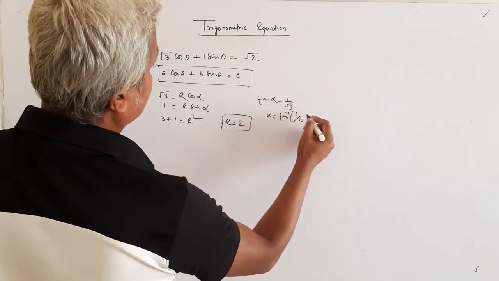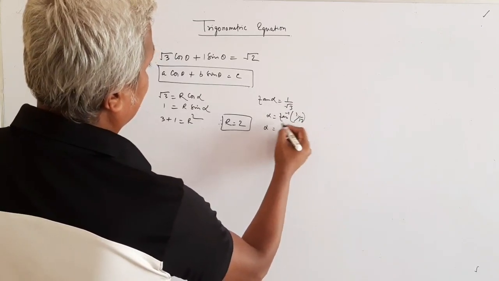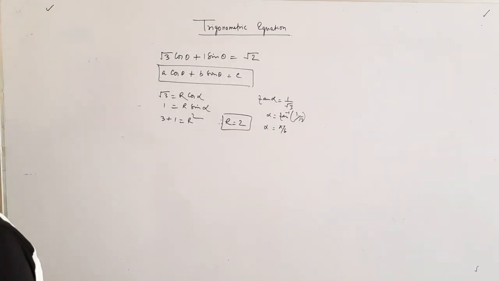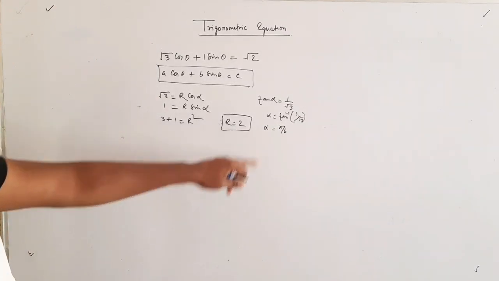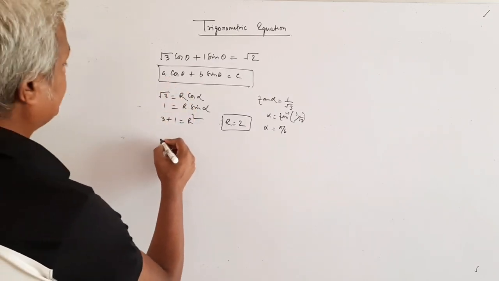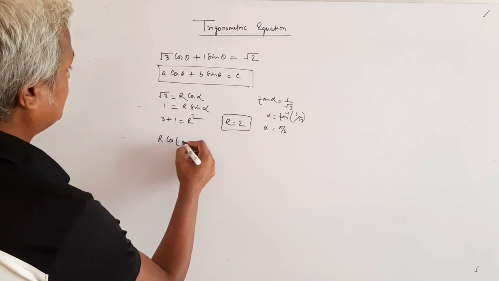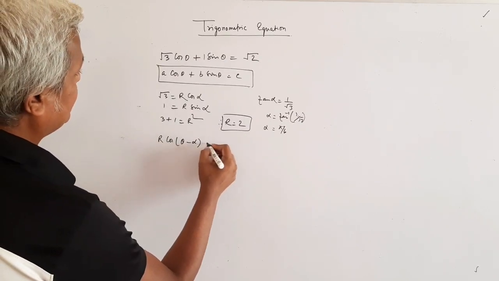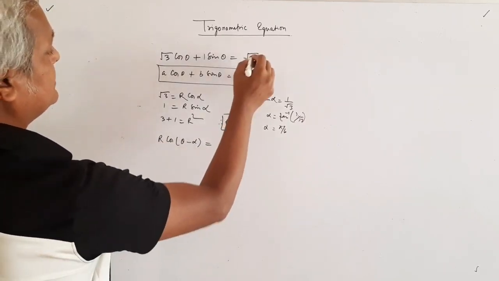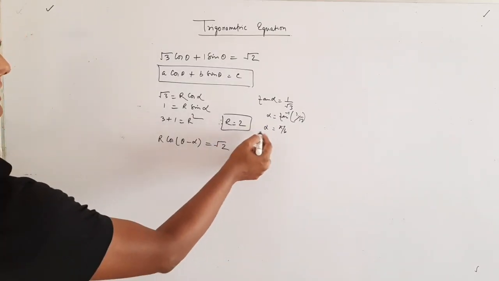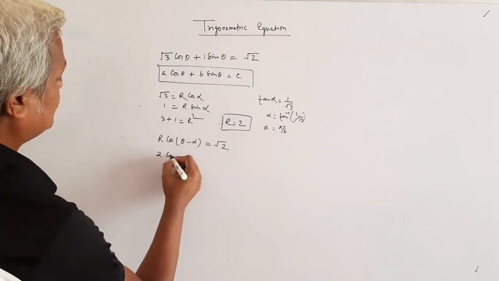That is, alpha is 30 degrees or pi by 6. So we have got our values r and alpha, and this equation will become r cos theta minus alpha is root 2, and what is r? r is 2.